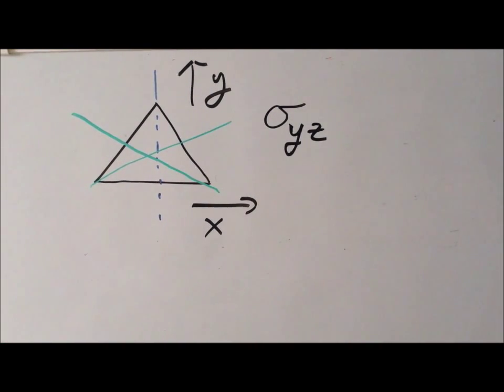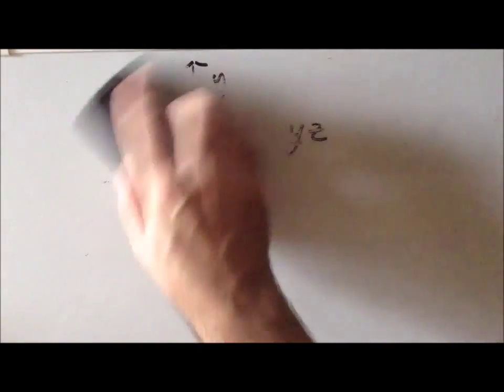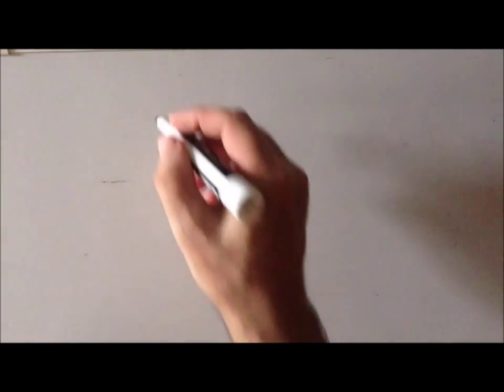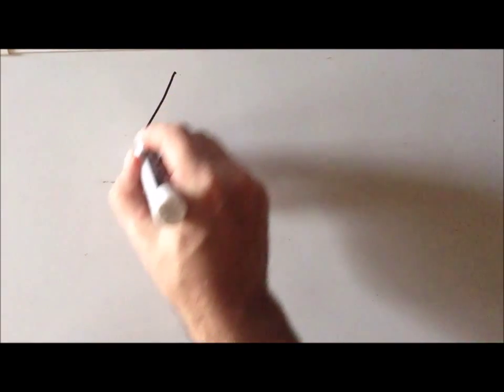Now this will not necessarily be true for any triangle that we might envision. So let's look at another type of triangle. In this case, you want to be specific and use an isosceles triangle, something like this.